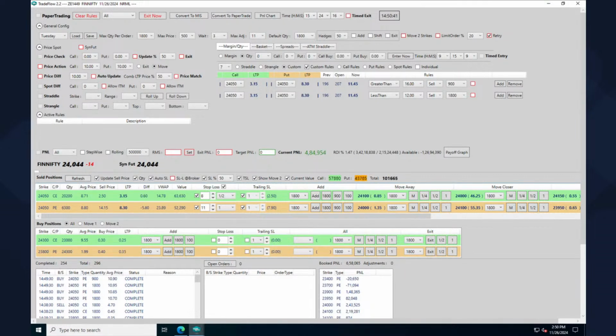As I said, it's just a stop loss hitting trade, right? So let me again go back to 14. I do not want to get one more stop loss hit.